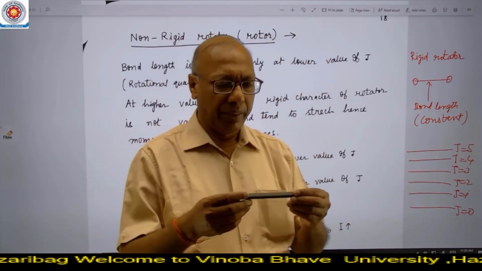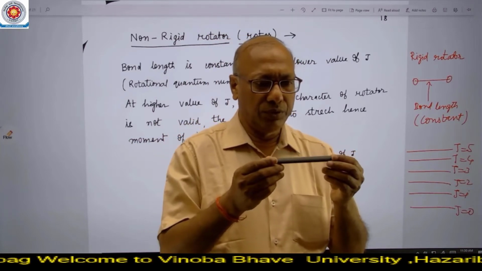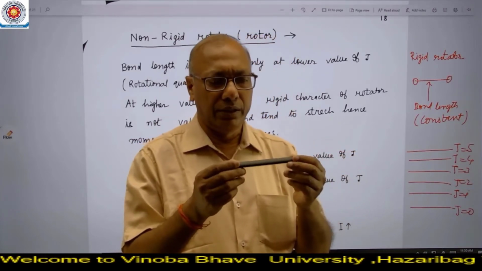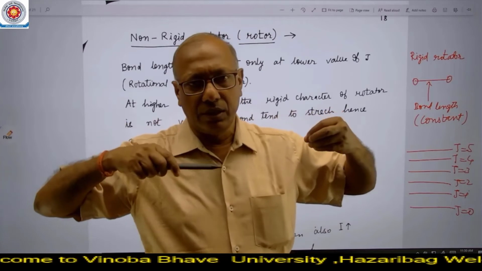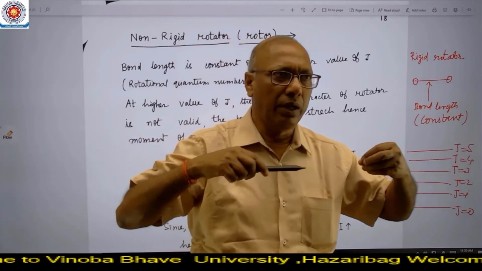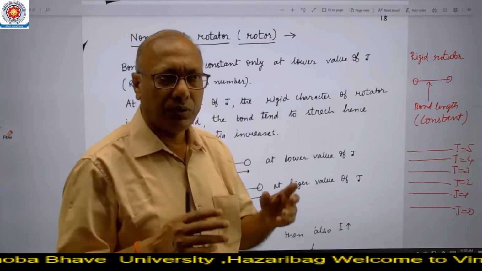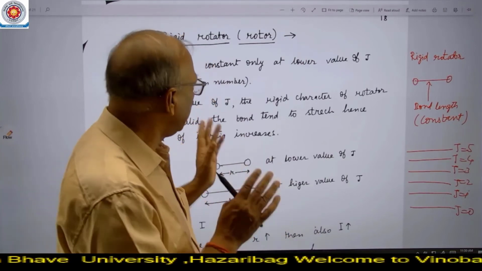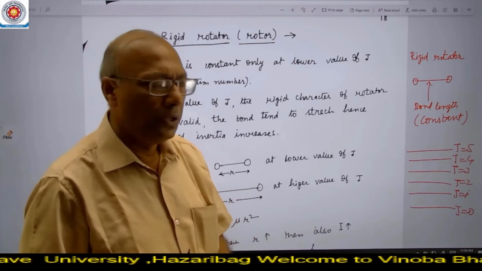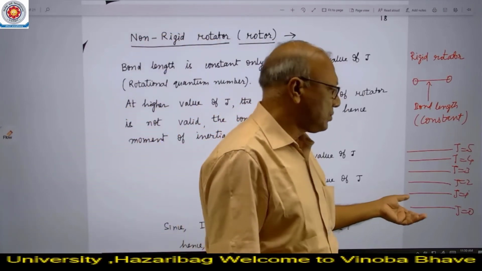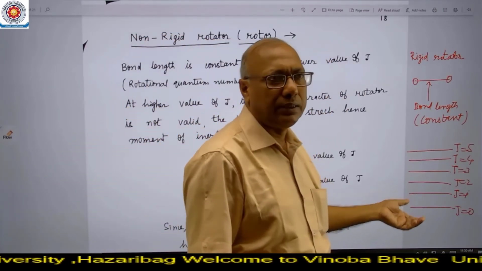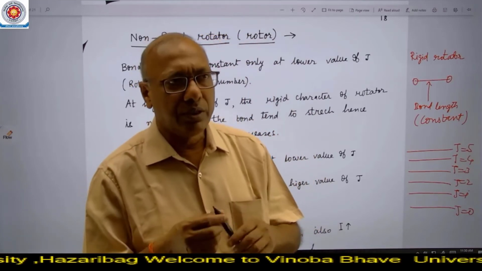In that case, the bond length which we have considered as constant stretches like a spring, and the condition of rigid rotator is not valid. The rigid rotator condition is valid only in case of lower rotational energy levels, that is when the rotation is slow.